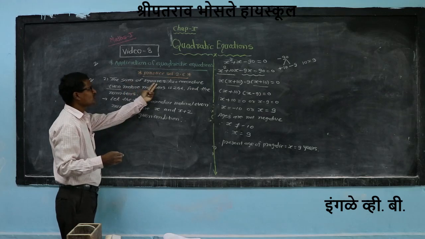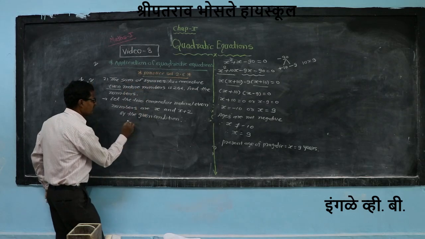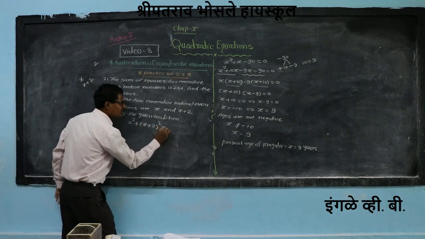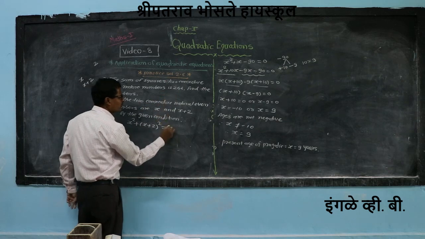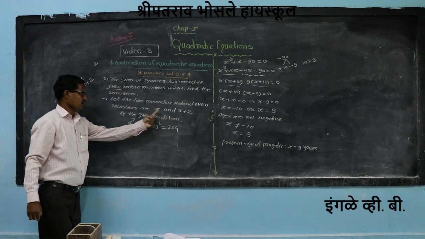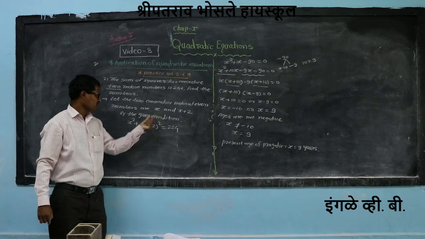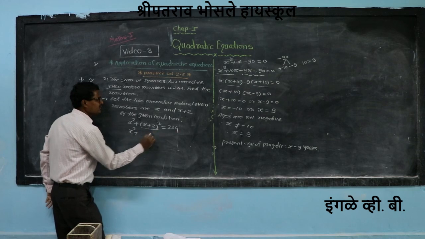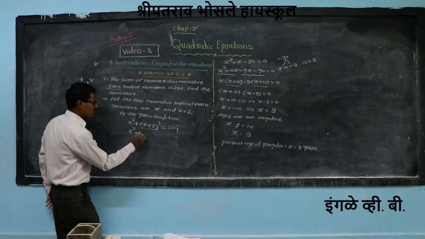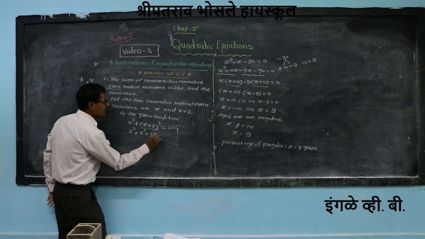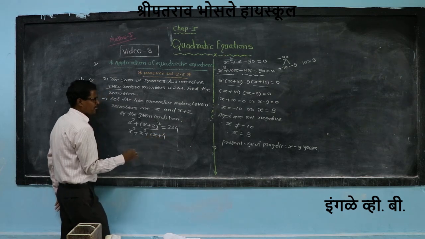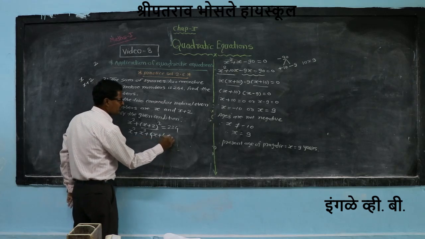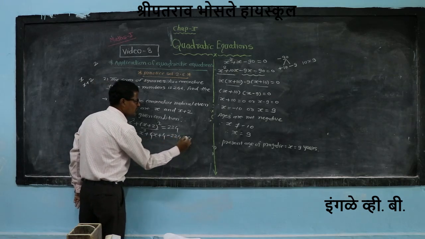The sum of squares means x square plus (x plus 2) square is equal to 244. Using the a plus b whole square expansion formula, x square plus x square plus 4x plus 4 minus 244 is equal to 0.